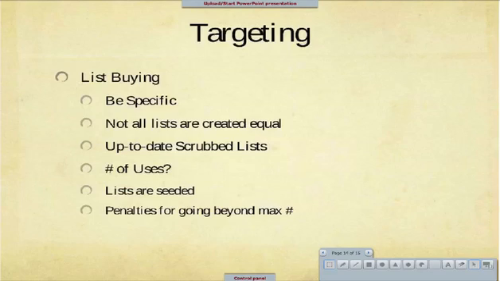And you want to be a person of your word and make sure that you only use that list that number of times. Now, any reputable list company seeds those lists.